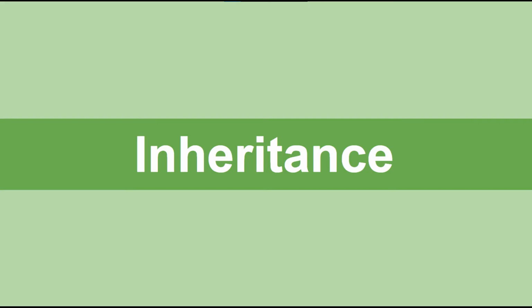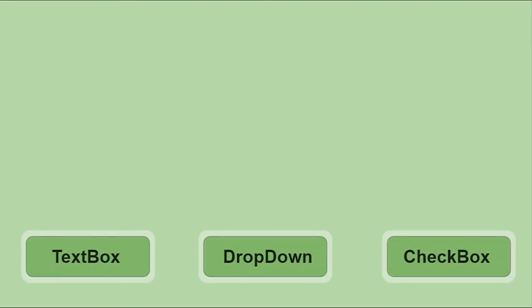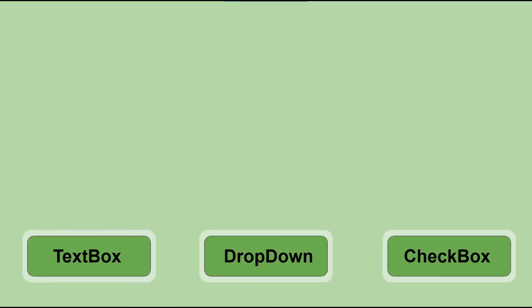Now, the third core concept is inheritance. Inheritance is a mechanism that allows us to eliminate redundant code. Here is an example. Think of HTML elements like text boxes, drop-down lists, checkboxes, and so on. All these elements have a few things in common.